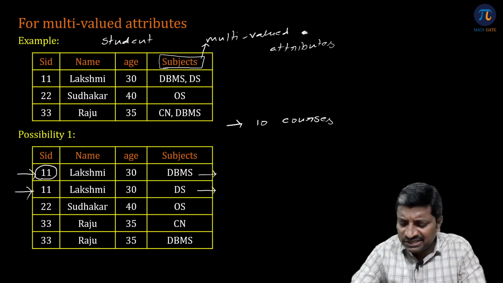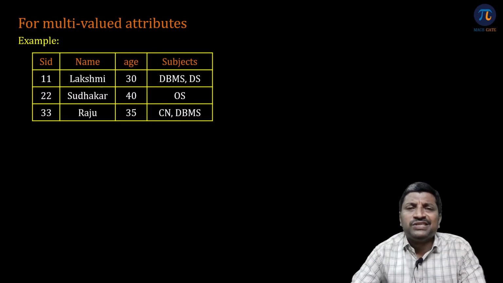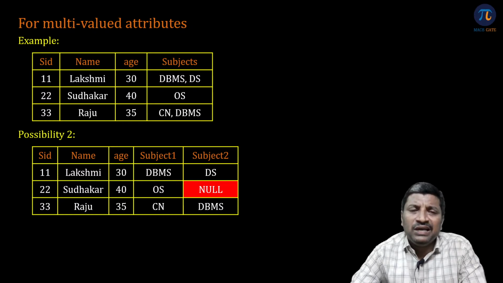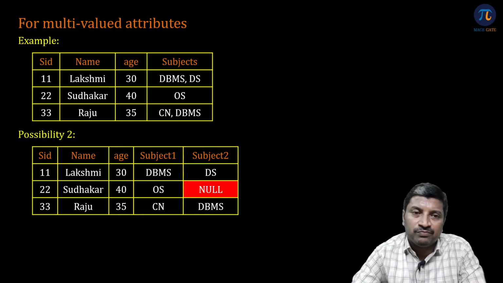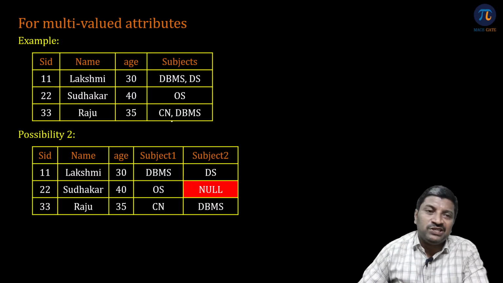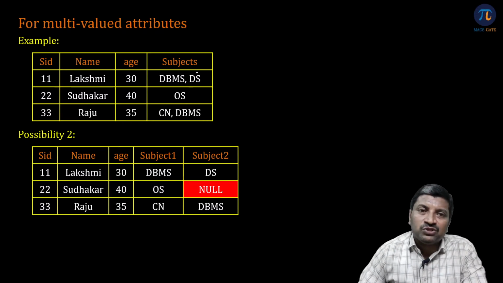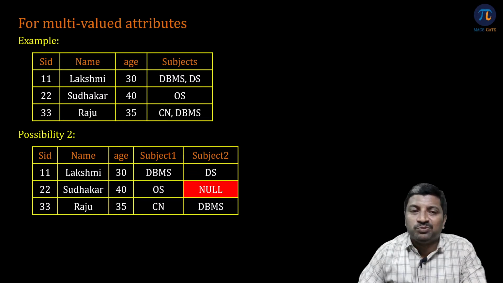So let me discuss the second one. The second possibility, sir. Here we, that is the creator of the database, will decide what is the maximum number of subjects the student can register. So in this example, I am deciding the student can register a maximum of 2 subjects.